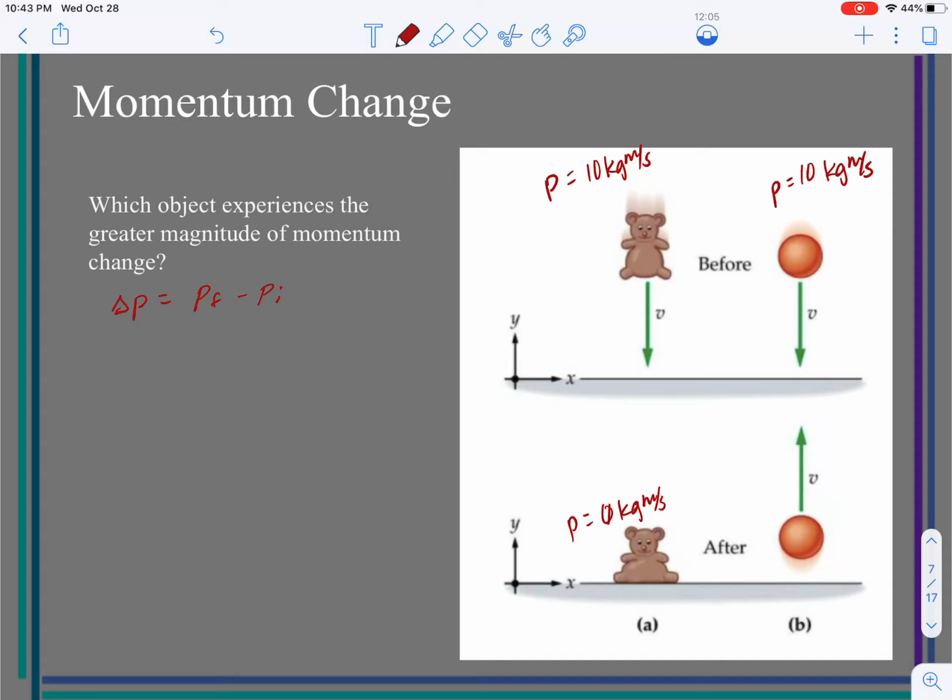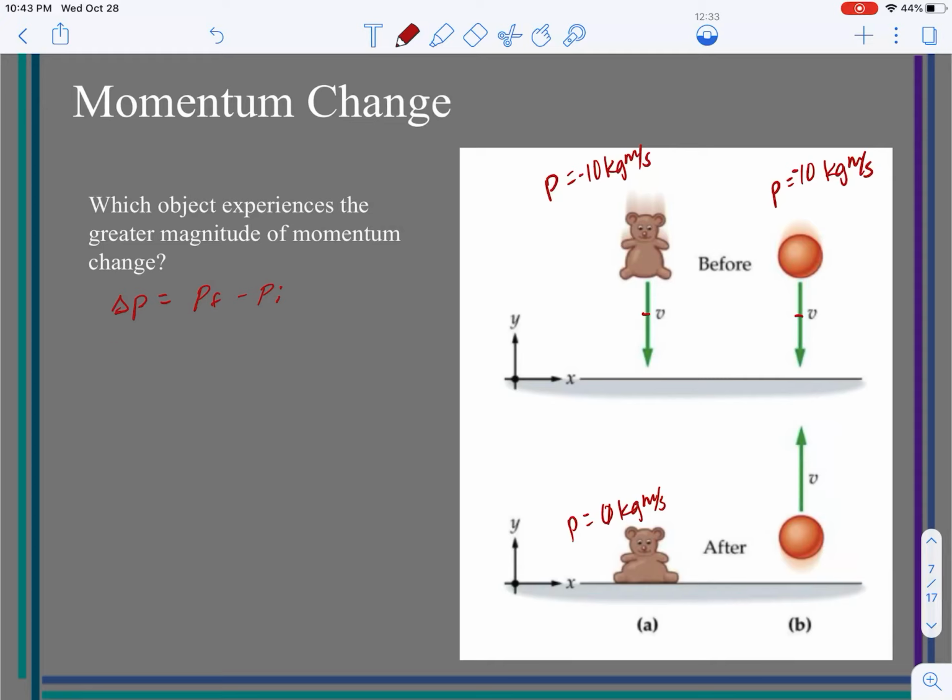So if we look at the velocity of my bear, we have to decide, is this going to be a negative velocity or a positive velocity? Well, I'm just going to tell you what my students normally would say. This arrow is pointing down, and so they would typically choose to make this a negative direction for my velocity. Therefore, my momentum here would be a negative 10 kilogram meters per second.